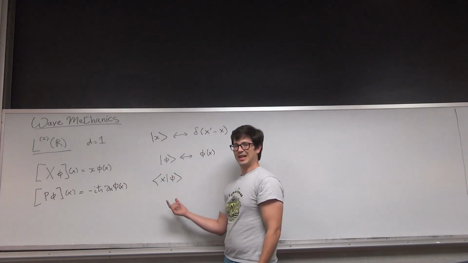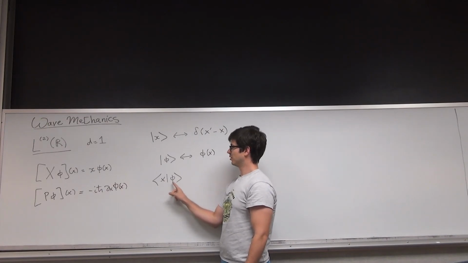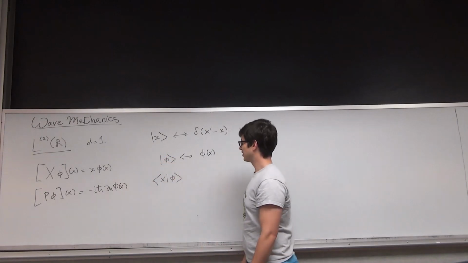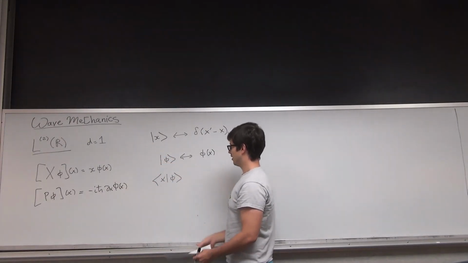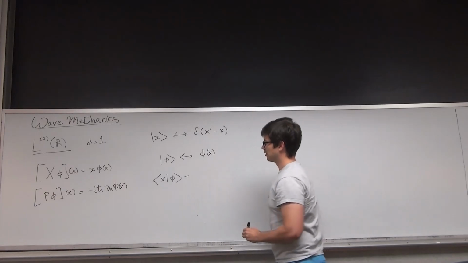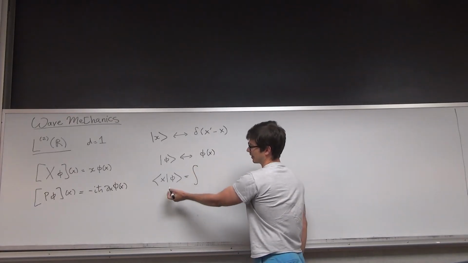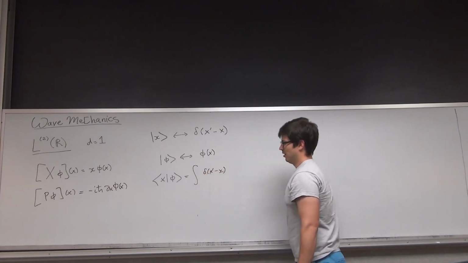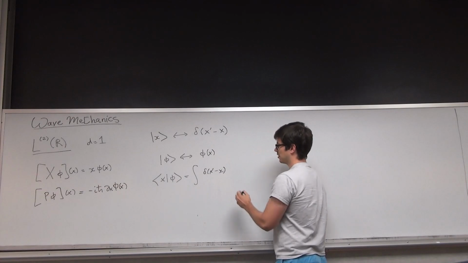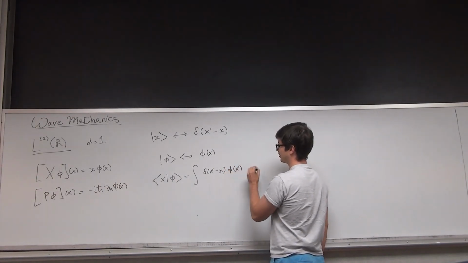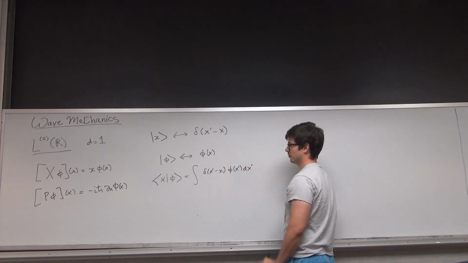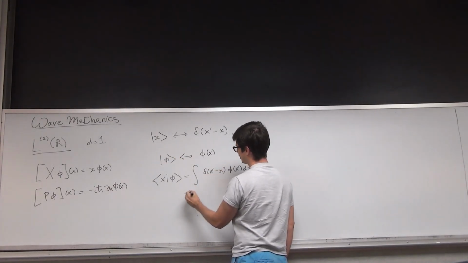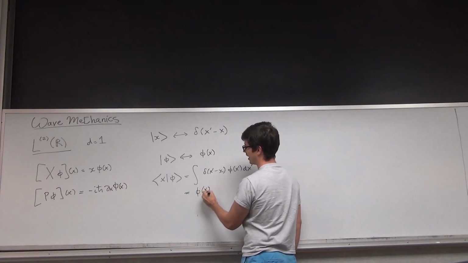This would be an inner product between two of these elements, which we're going to treat as elements of our L2(R) space. Well, how would you do this? An inner product between two functions involves the complex conjugate of the first function. That's just the delta function, which is a real function, and you integrate it against your function that's an element of that space, and you just get back out the function evaluated at x.